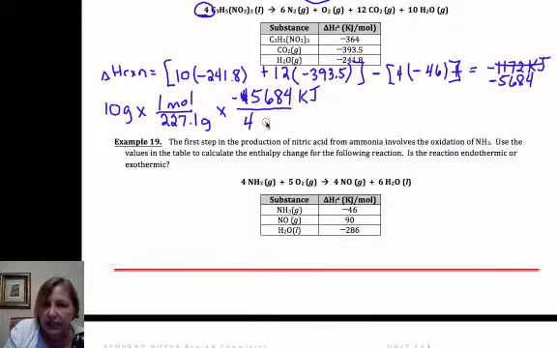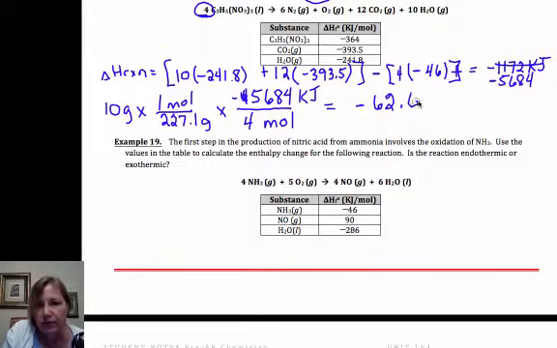So we're combining that stoichiometry we did earlier. So that's per 4 moles of nitroglycerin. So if I had 10 grams of nitroglycerin, that's going to be minus 62.6 kilojoules of energy. Okay? And again, this is an exothermic reaction.